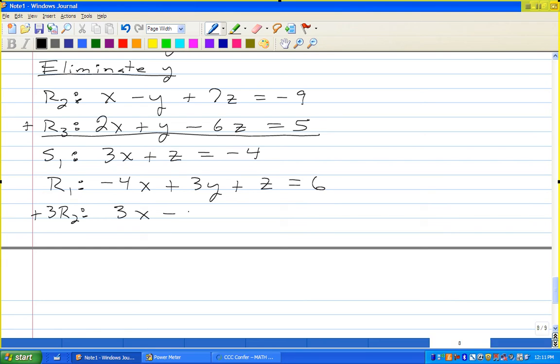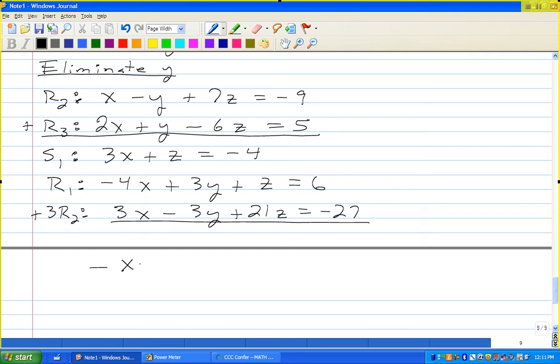3x minus 3y plus 21z equals minus 27. So let's do that. If I add these together, I get negative x plus 22z equals negative 21.